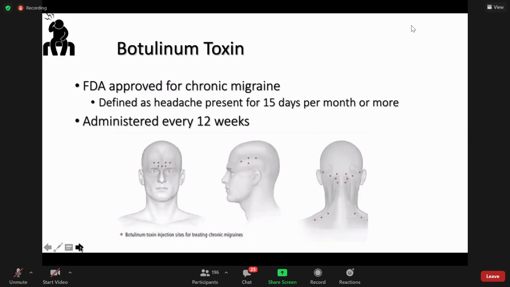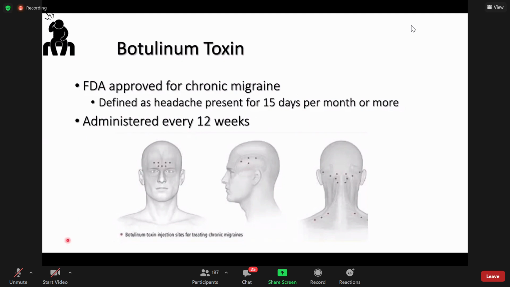Patients with chronic migraine may benefit from injection of botulinum, but this is a very laborious type of treatment because it requires about 31 points to be injected around the head and the cervical region. And it is approved if the patient has more than 15 headaches per month.